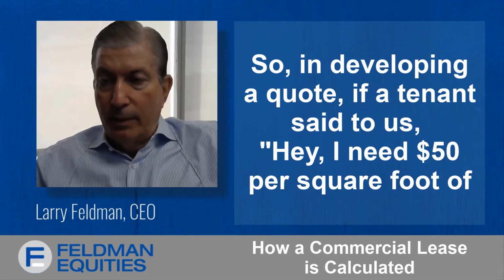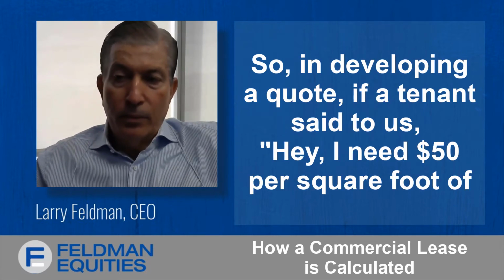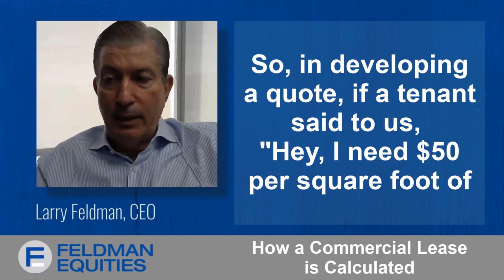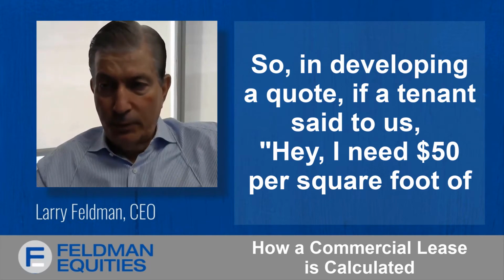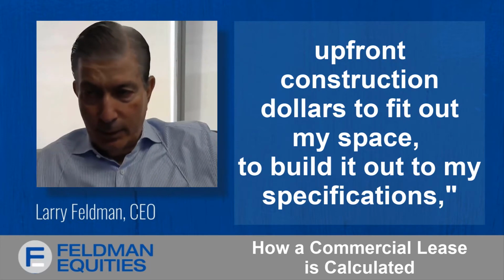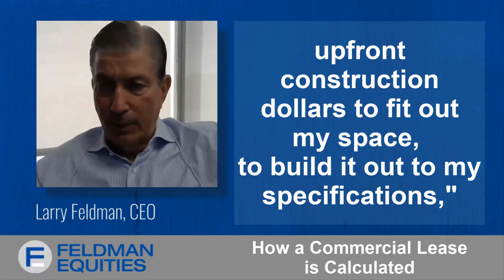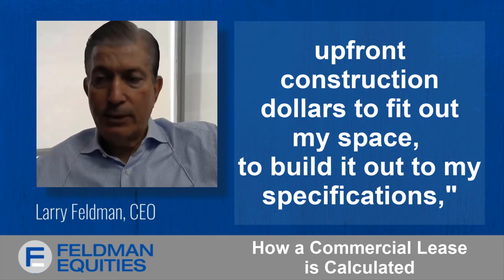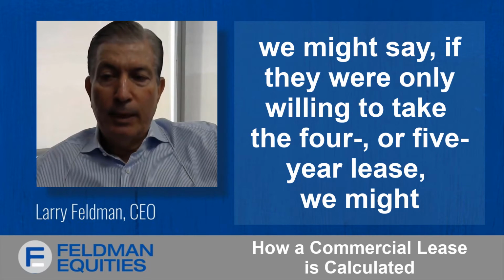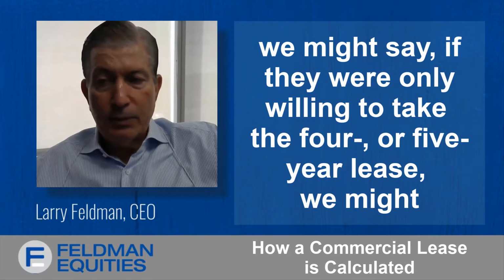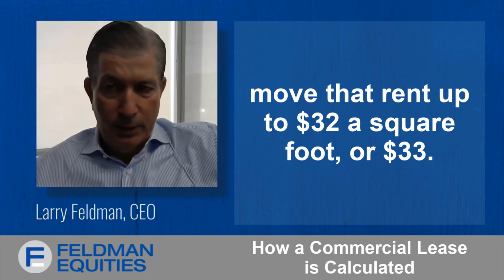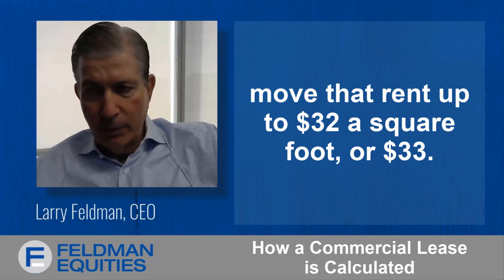So in developing a quote, if a tenant said to us, hey, I need $50 per square foot of upfront construction dollars to fit out my space, to build it out to my specifications, we might say, if they were only willing to take a 4 or 5 year lease, we might move that rent up to $32 a square foot or $33.